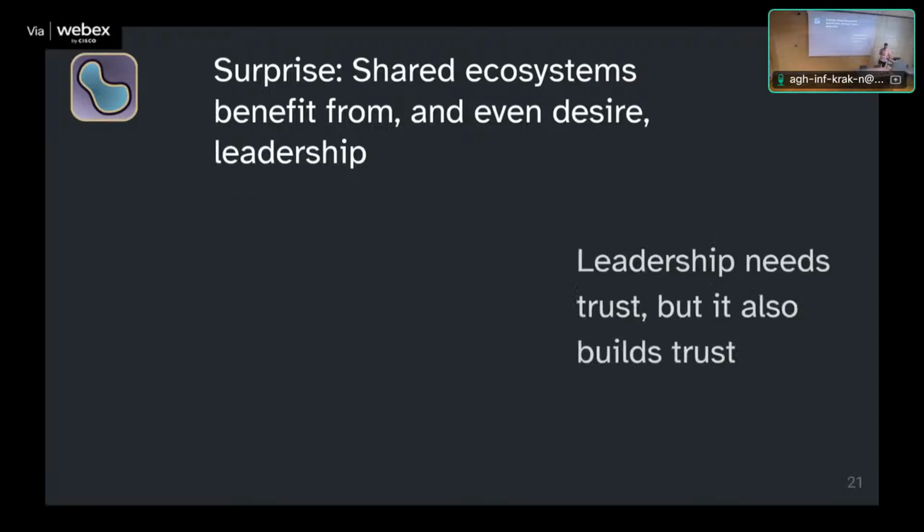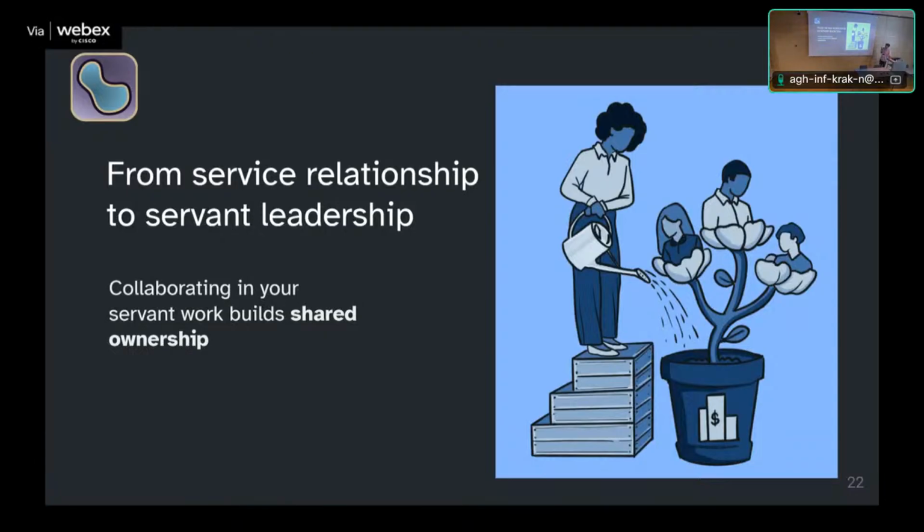Leadership needs to have trust in order to be established. So doing that quiet work to say, yes, I'm actually going to do this and not just say that I am, also builds trust. And so this still isn't a great representative image, but I think we can think of this differently. We had this problem of a transactional or service relationship between Napari and its community.